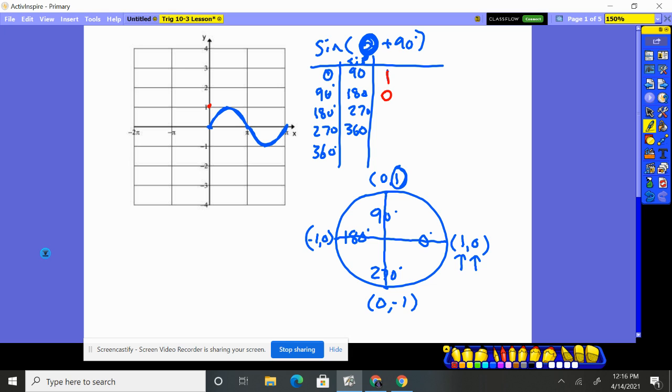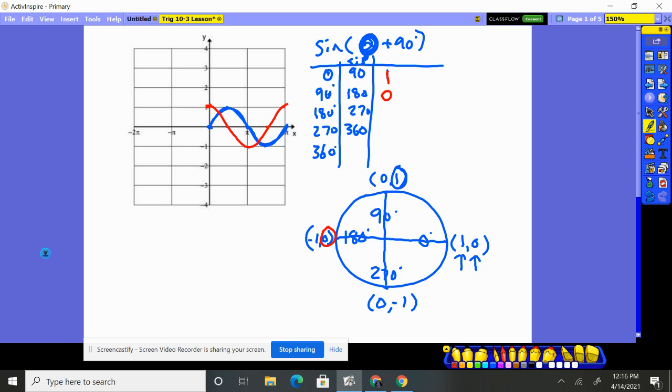So, when you're at 90, you're basically taking it for 180, which means you're at 0. So you're down here, and then you're here, and then you're here, and then you're here. And this ends up doing this number. So it ended up shifting, didn't it?